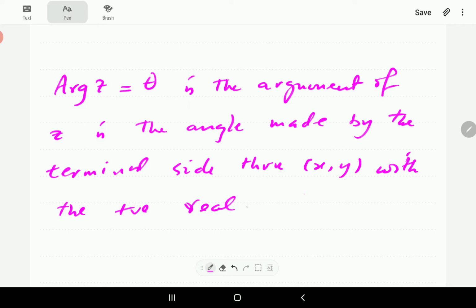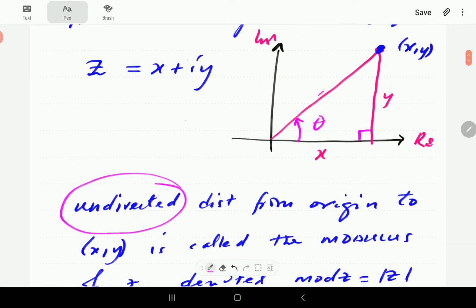Okay, that's the same thing. So that is going to be this angle here.